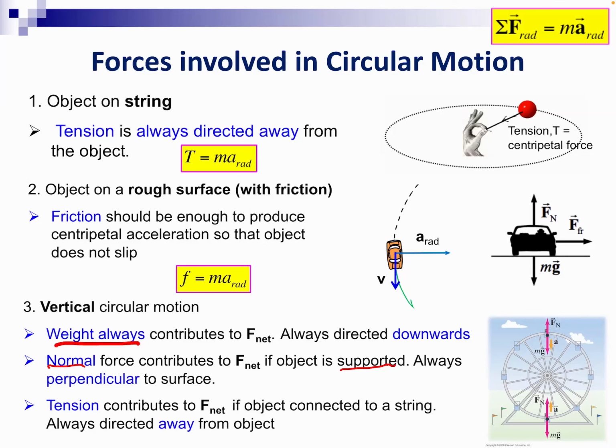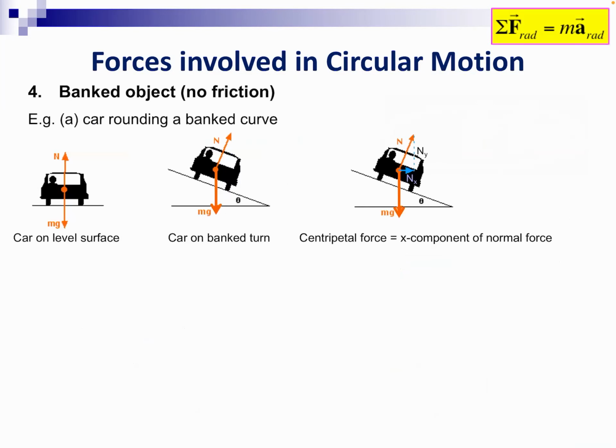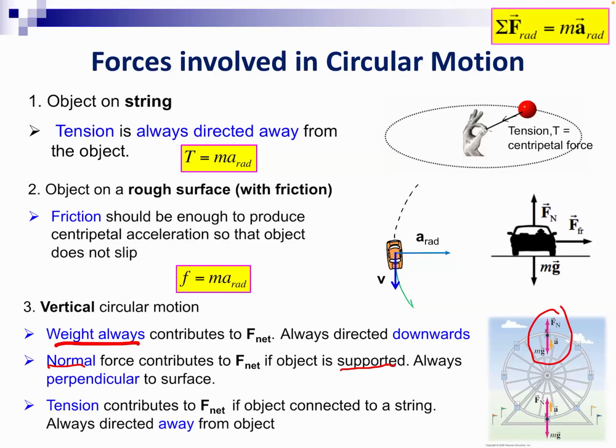So for this particular case, on top here, the net radial force will be the weight force minus the normal force. At the bottom of the circle, you'll also have this normal force that's always perpendicular to the surface, and the weight force that's always downwards. So the net force here will have to be the normal force minus the weight force.